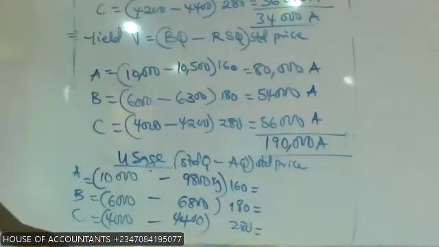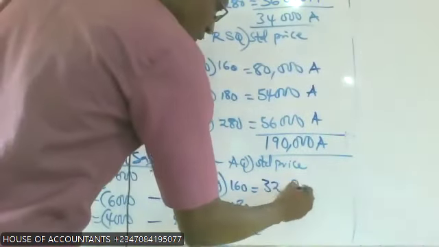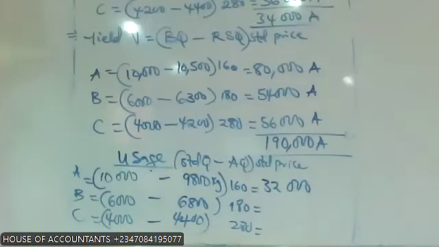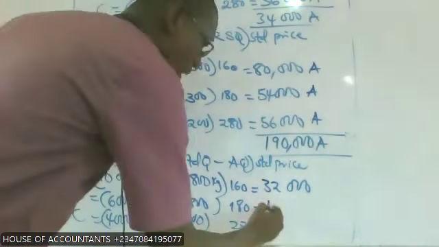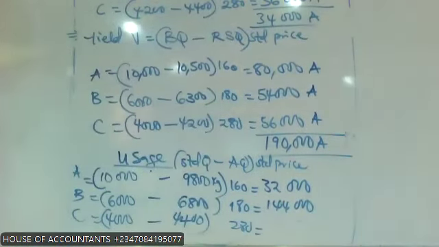So for A, what do you get for A? Yes, it's clear. Thank you. 32,000. The second one, 144,000. Then the slippers, 112,000.